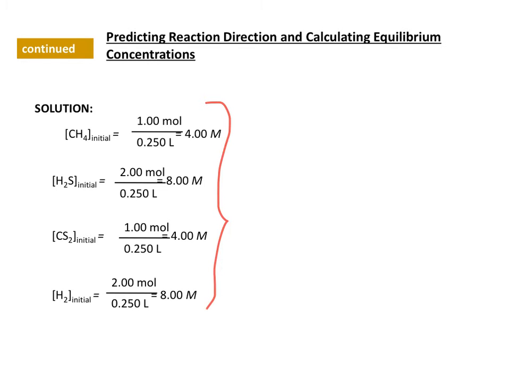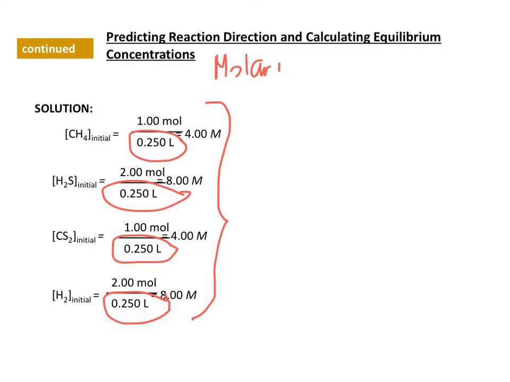Everything's in the same flask, so it was 250 milliliters. We need to turn that into liters because we're talking molarity. So remember, molarity is moles, which we're given, per liter. So we've done that. We have the concentrations of the reactants and the products, and that's a good start.